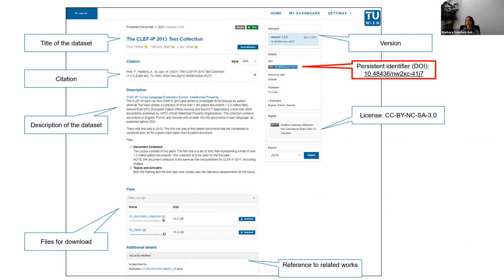Why is a repository so important? So I would like to visualize it a bit with this landing page. This is a landing page of a data set. And foremost, with an upload into a state-of-the-art repository, you get a DOI. This DOI is essential.